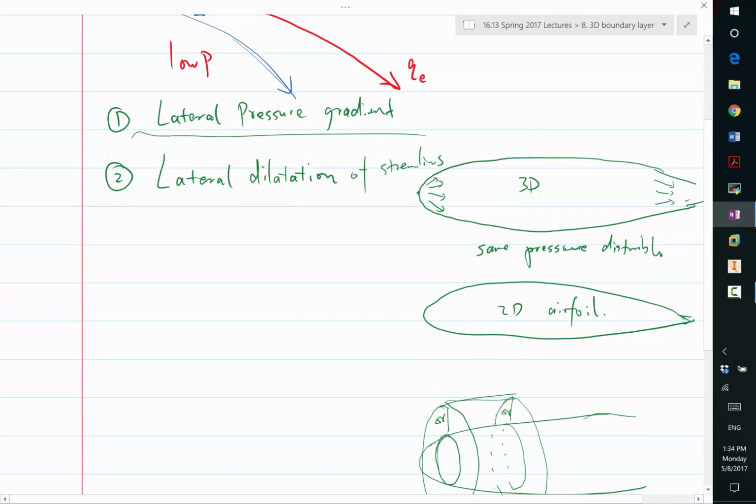Okay, so let's first look at the mass conservation equations. Partial u partial x plus partial v partial y plus partial w partial z equal to 0. This is the 3D equation, and the 2D equation is partial u partial x plus partial v partial y equal to 0. This is 2D.